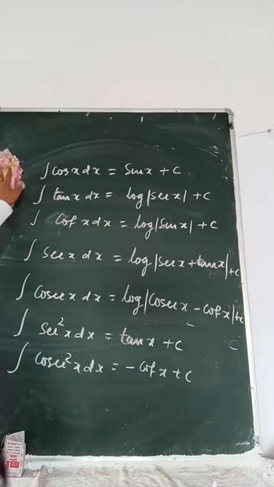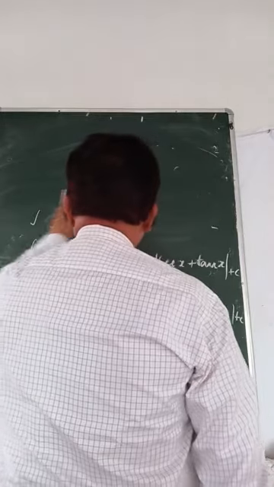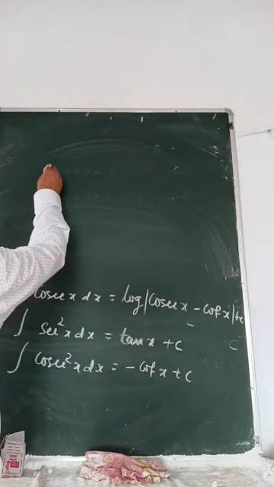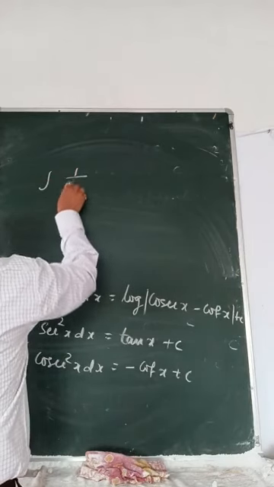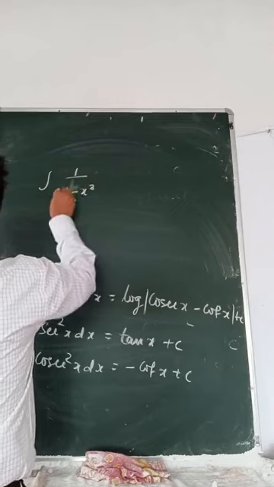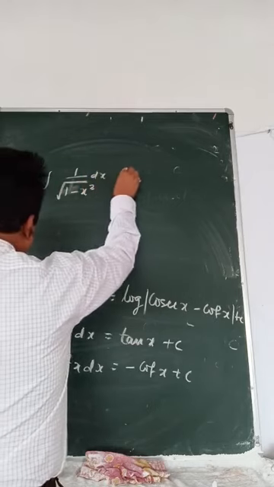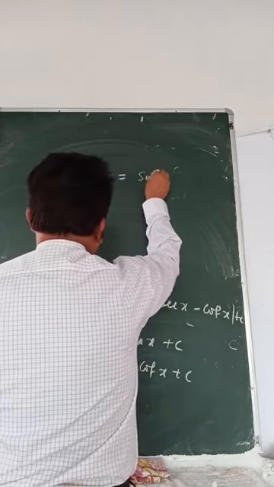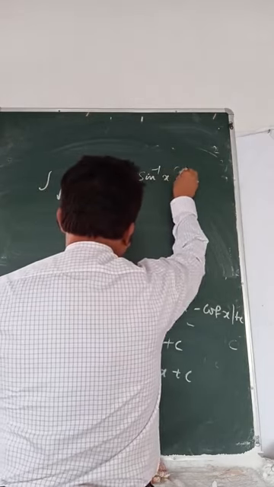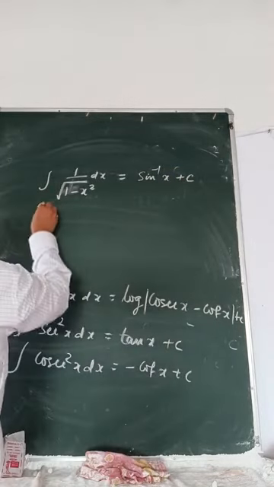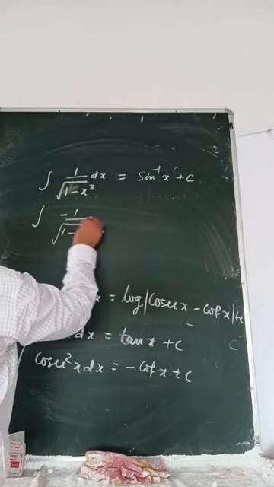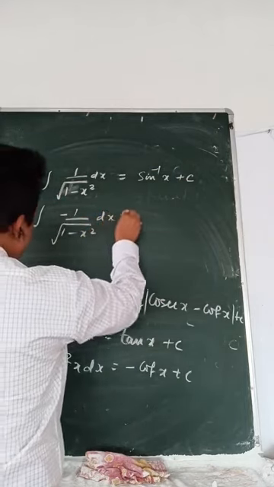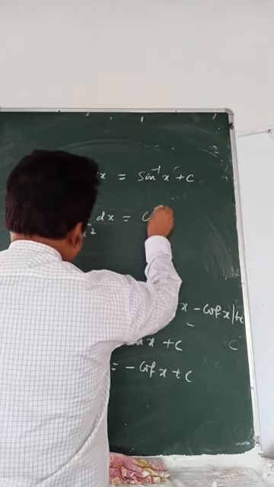Similarly, you can go to inverse functions. Integration of 1 by root over of 1 minus x square is sin inverse x. Integration of minus 1 by root over of 1 minus x square with respect to x is cos inverse x.